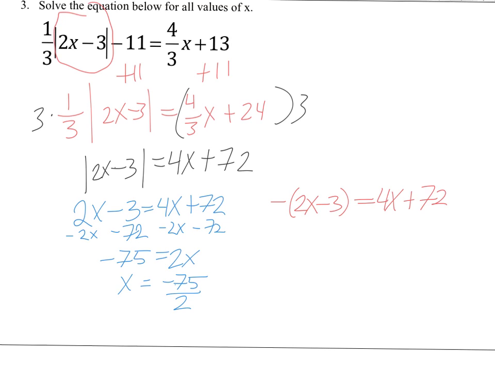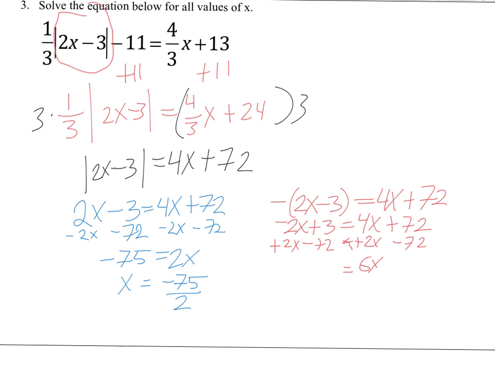Okay, on my other side, we end up with negative 2x plus 3 is equal to 4x plus 72. I'm going to add 2x to both sides. And I've got 6x, and I'm going to subtract 72 from both sides.